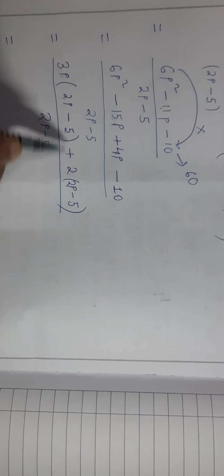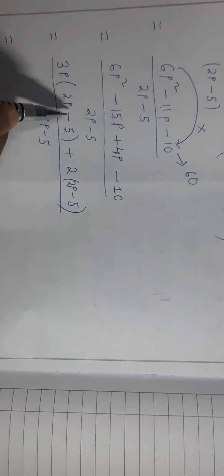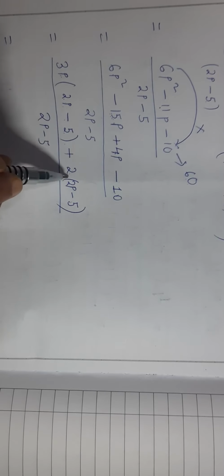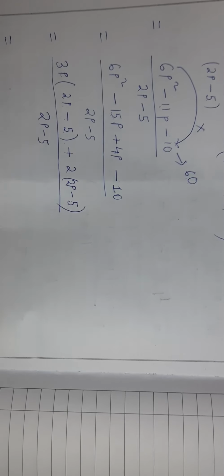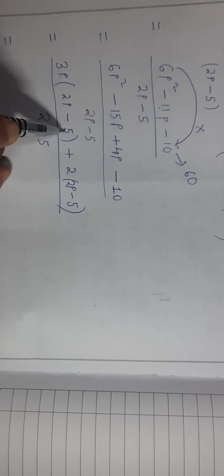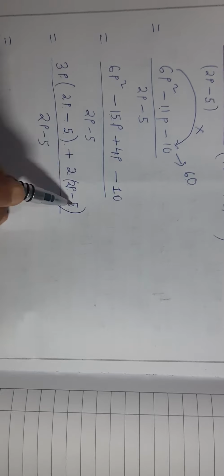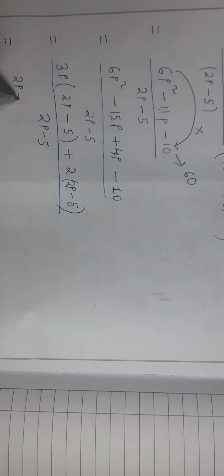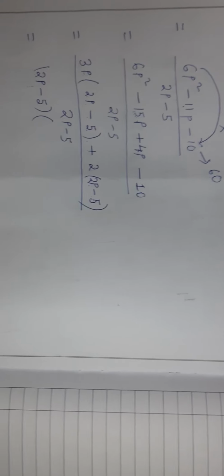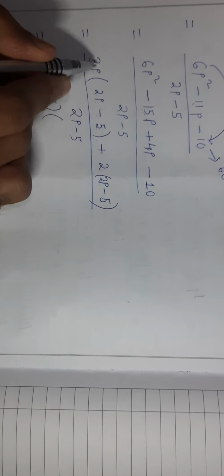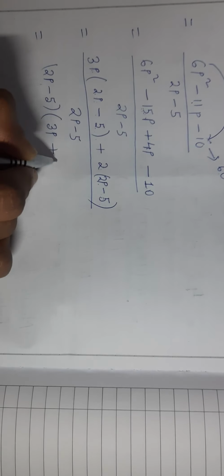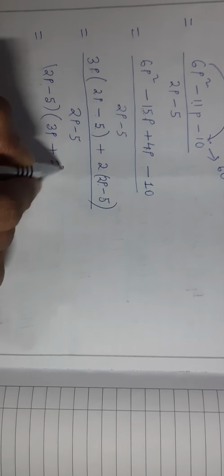So in the numerator, we find that there are two terms, 3p within bracket 2p minus 5 plus 2 within bracket 2p minus 5. Out of these two terms, we can see that 2p minus 5 is common from both the terms. So we can take 2p minus 5 common. We are left with, from the first term, 3p, and from the second term, only 2.